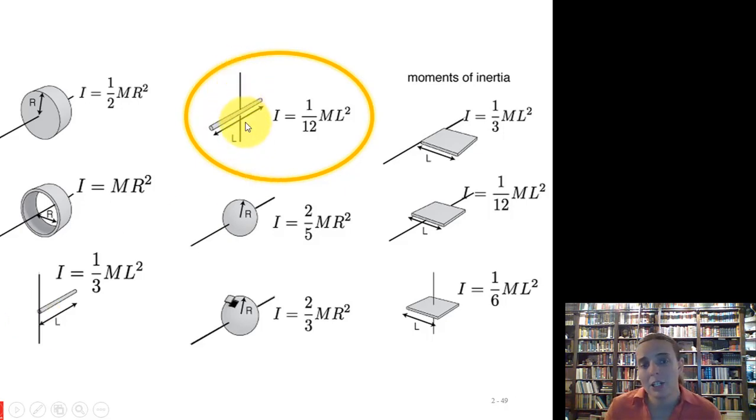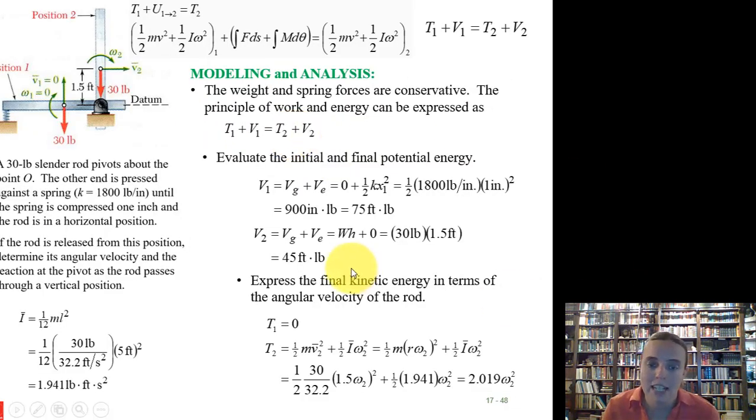Or you can get the inertia of a rod through the center, and this is what we're going to have to go off of, is the inertia around the center, but then we're going to have to add in this extra 1/2 mv squared of the center also moving, as well as the inertia around the center, because we don't have the inertia around this point of rotation. So kind of 2 pieces for that kinetic energy.